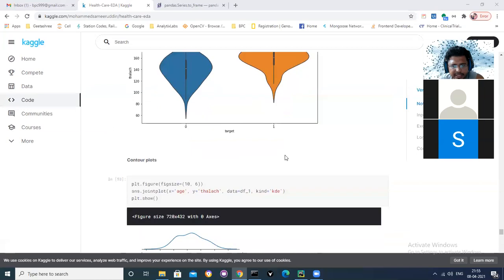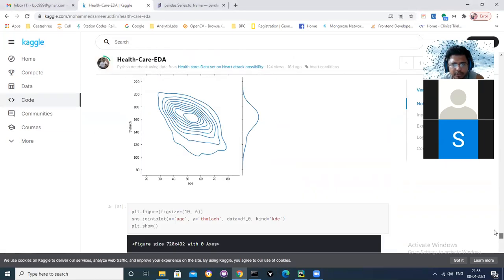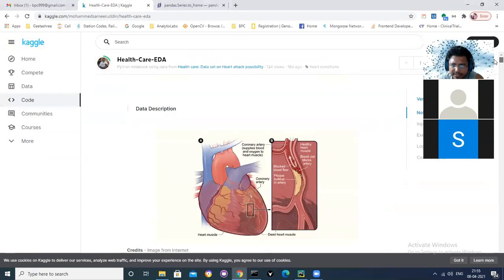You complete this entire EDA, and then we'll discuss this healthcare EDA on Saturday. If we practice 2-3 EDAs like this, then our exploratory data analysis skills will be very much refined. Then we can add that as a skill set in our resume.